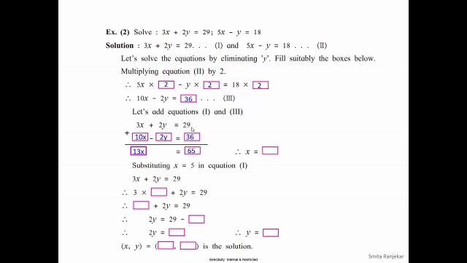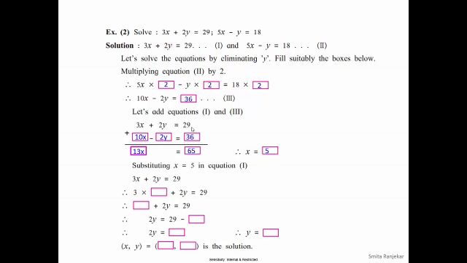Y is going to get eliminated. So 29 plus 36 is equal to 65. Here the operation between 13 and x is multiplication. So while finding the value of x, we have to do 65 divided by 13, that is x is equal to 5.